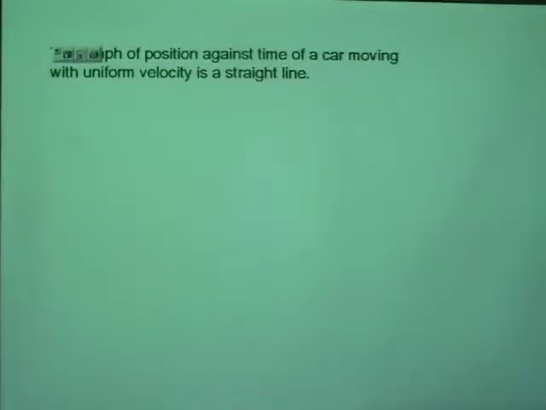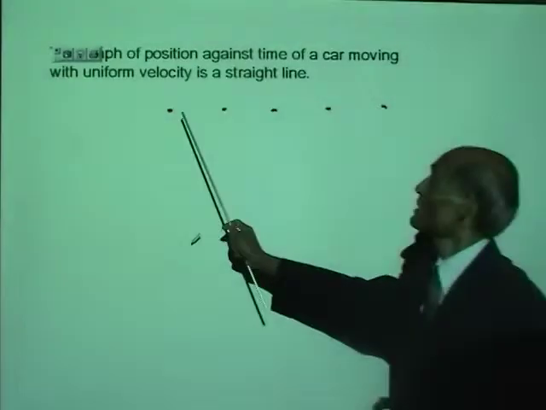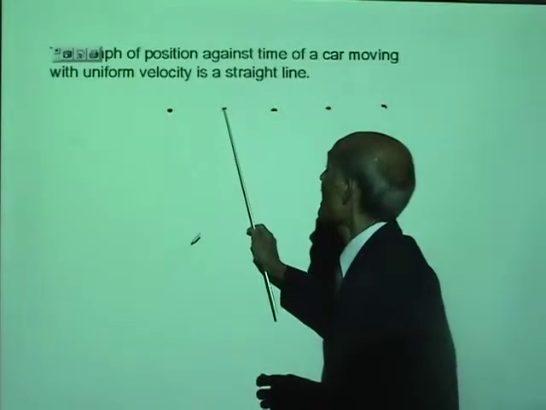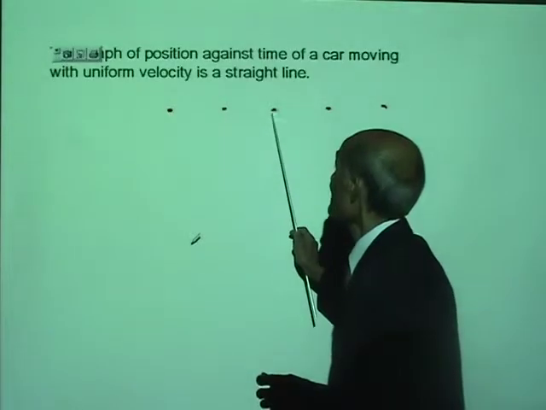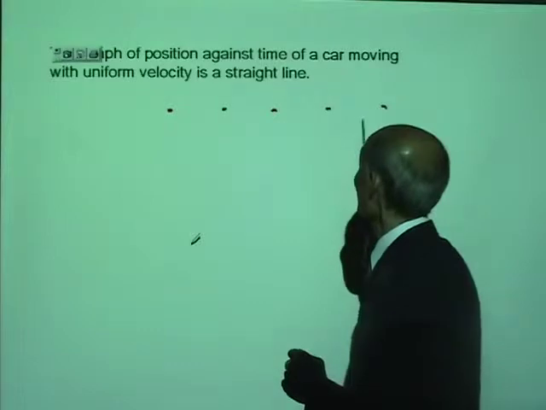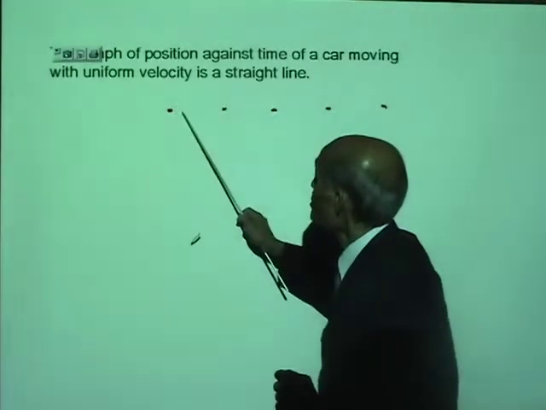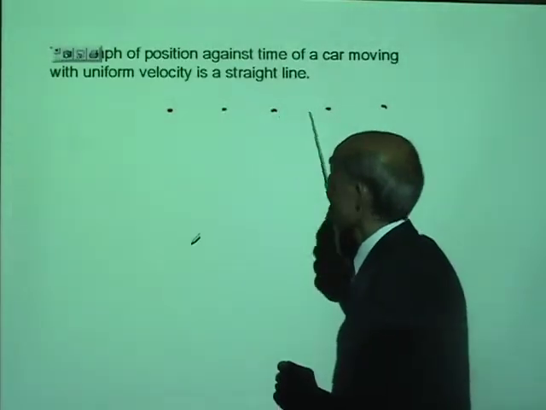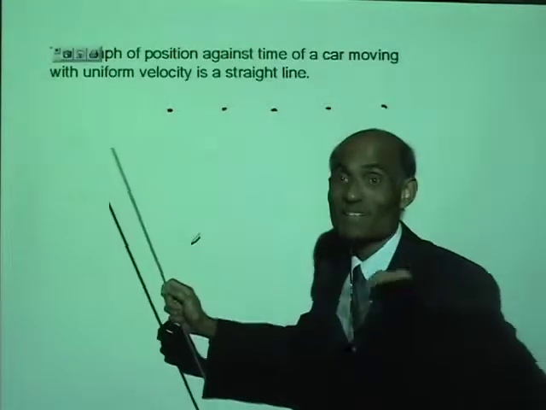If I have an object traveling like this, now each second the change in positions are exactly the same. This is where you start. After 1 second it is here. After the second it is over here. The third second, fourth second, the change in positions are the same every second.